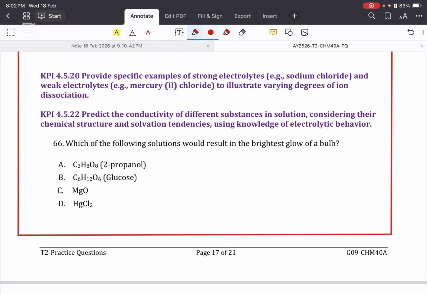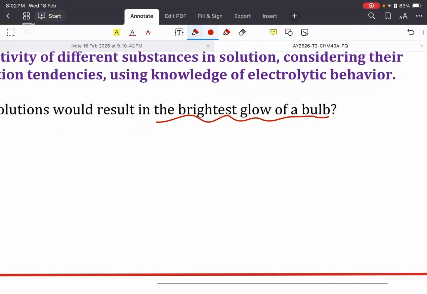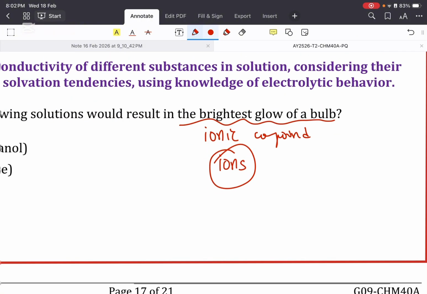Which of the following solutions would result in the brightest glow of a bulb? In a question like this, we need to look for an ionic compound, or a molecule, probably an acid for example, that is able to ionize and produce ions.